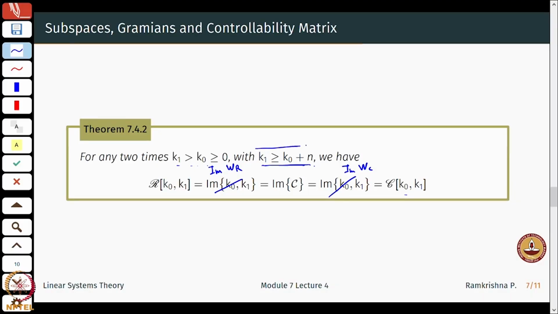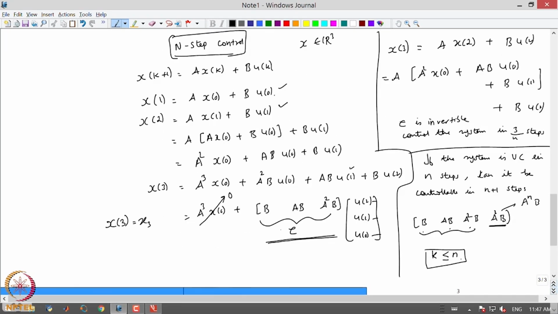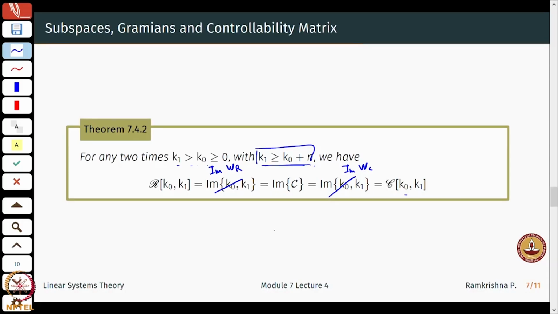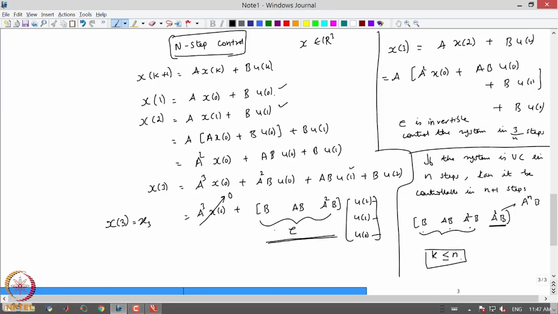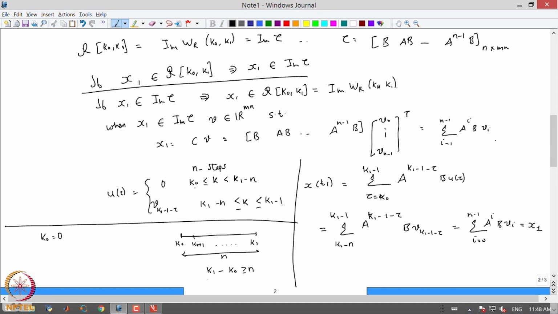Right, that is what this expression says. And why do I need at least n time steps? It is to compute the controllability matrix. Okay. So this is one way of looking at it. Now, if I just look at k naught equal to 0 and k1 such that k1 minus k naught is at least greater than or equal to n, then let us look at how this expression translates.